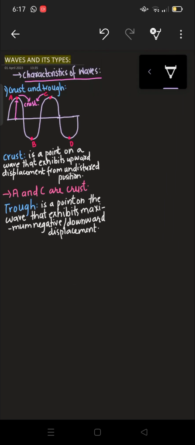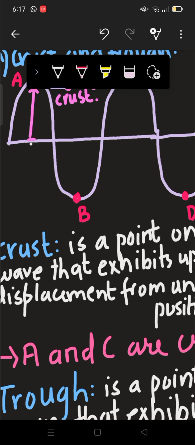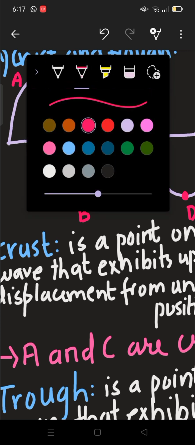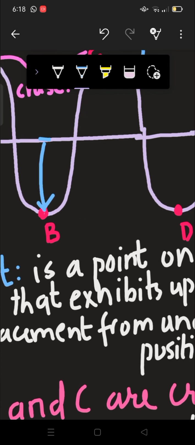So it is a point on the wave. Then that exhibits maximum negative, which means it will go down now. When we were talking about maximum positive, that was going up. Now we are talking about maximum negative, so it will go down, or we can also write it covers the downward displacement, meaning it will go down at the maximum point. So this is its undisturbed position and it's going down.